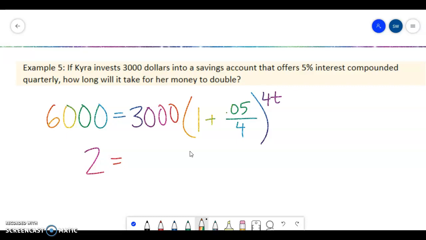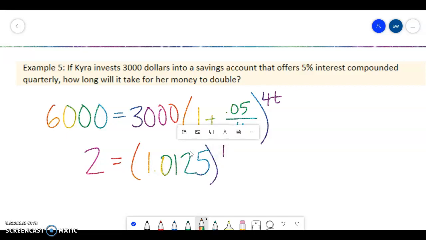Let's rewrite that parentheses. 0.05 divided by 4 is 0.0125, so this could be rewritten as 1.0125 to the 4t.